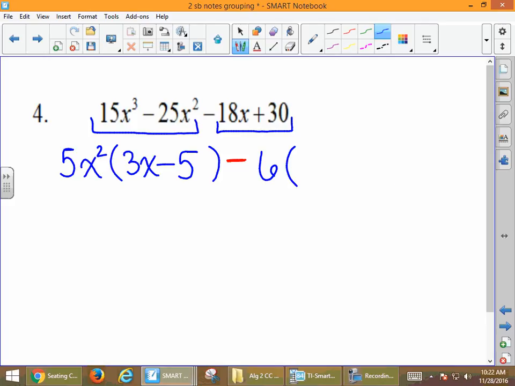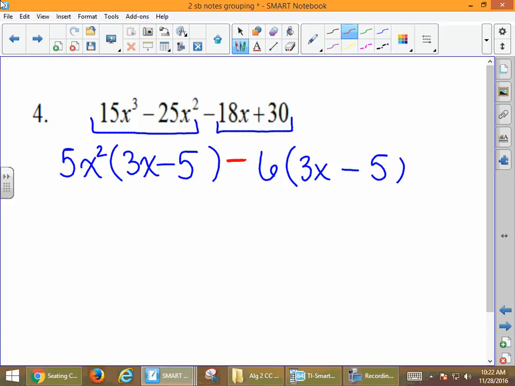But if we take out the 6, 18x divided by 6 is 3x. Positive 30 divided by negative 6 will give us negative 5. Watch out for the signs there. And typically what happens is what we get in the first parentheses, we want to get in the second parentheses. So see if we can make it work.